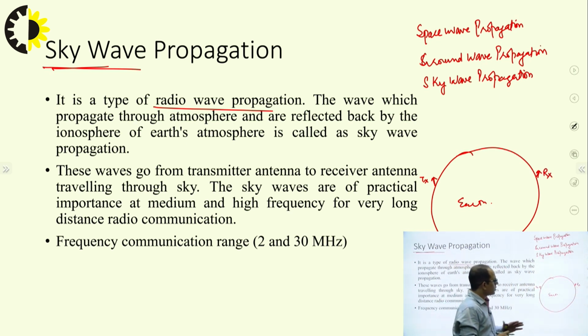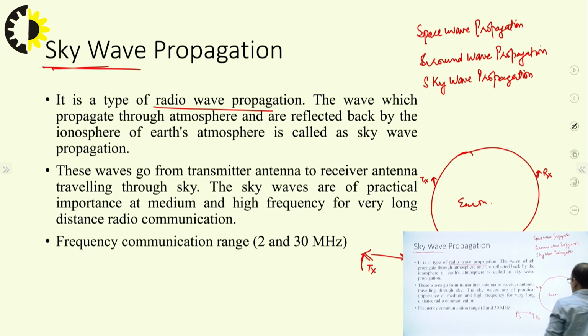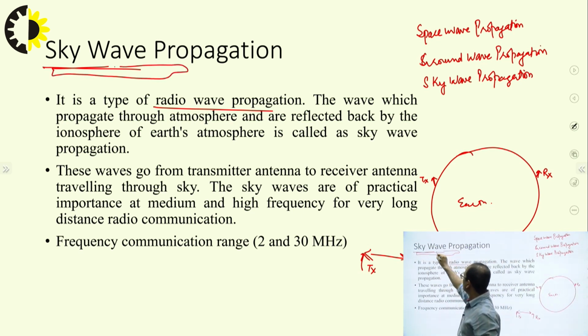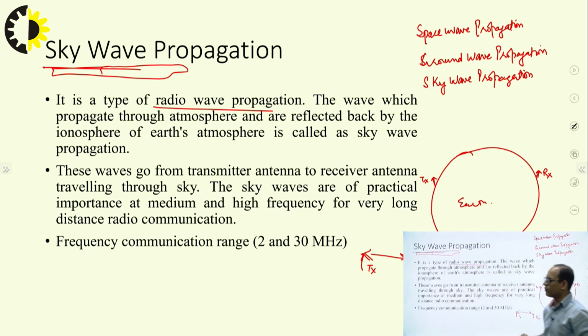During space wave propagation there is line of sight communication, where the transmitter and receiver are on the same line of sight. But if they are not in the same line of sight, the signal has to travel using sky wave propagation.